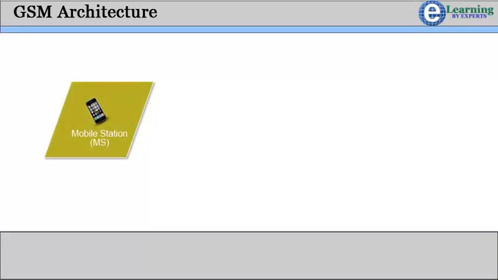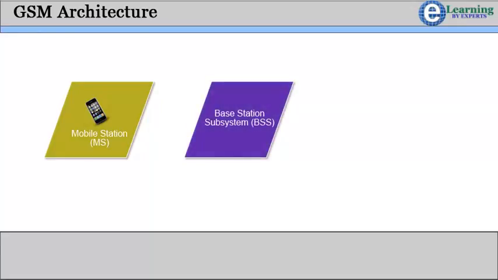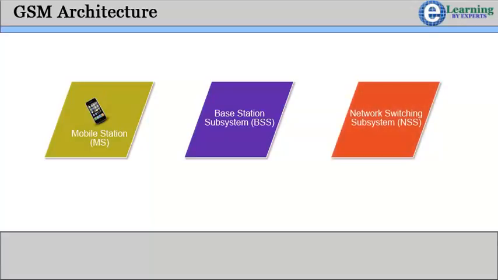The GSM network architecture, like any other mobile network, consists of three key components. User equipment called mobile station or MS. Access network, which is called base station subsystem or BSS. Core network called as network switching subsystem or NSS.